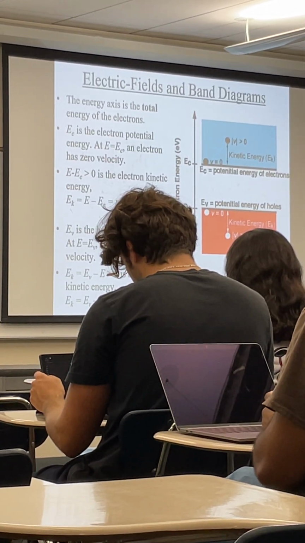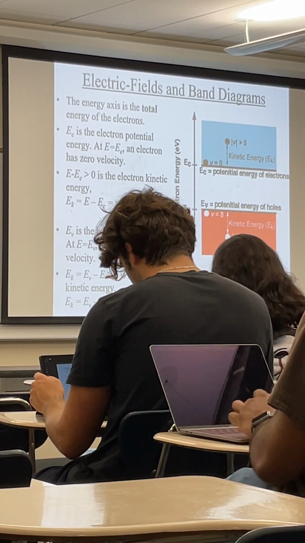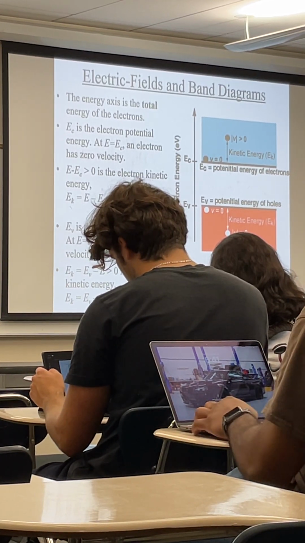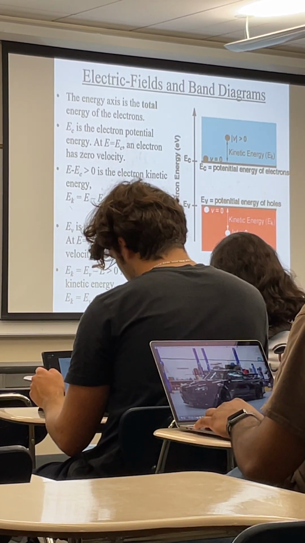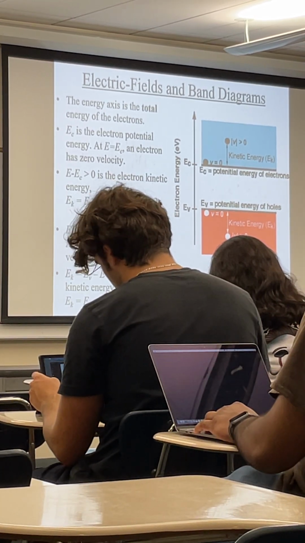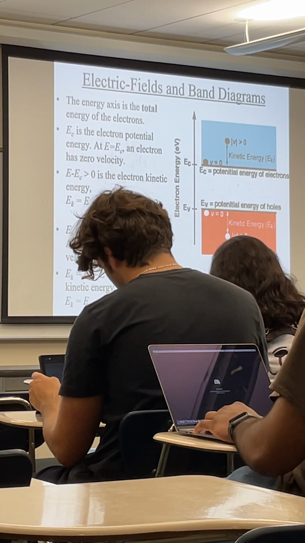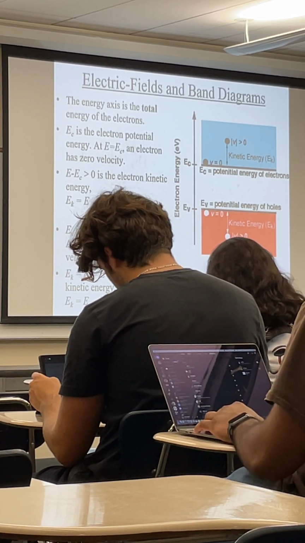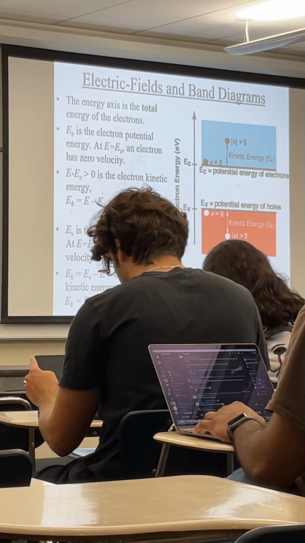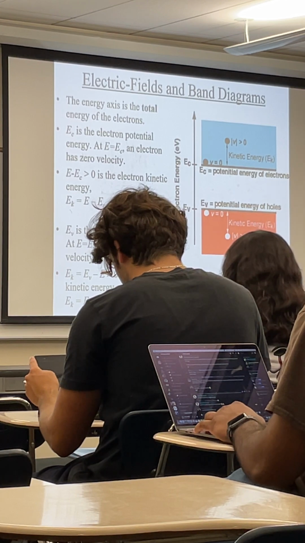Here I just want to show you this band diagram, which can provide some information about the energy of electrons. The y-axis is the total energy of the electron, usually in meV or electron volts, and we have EC and EV here.